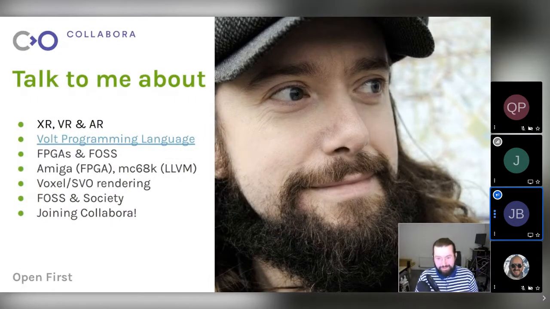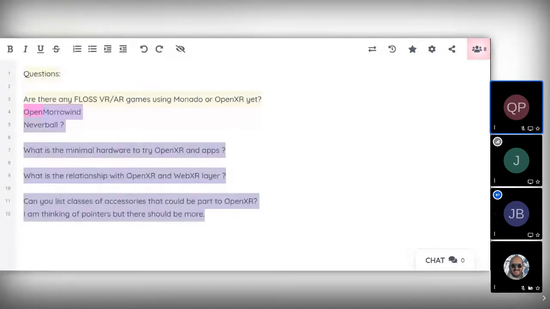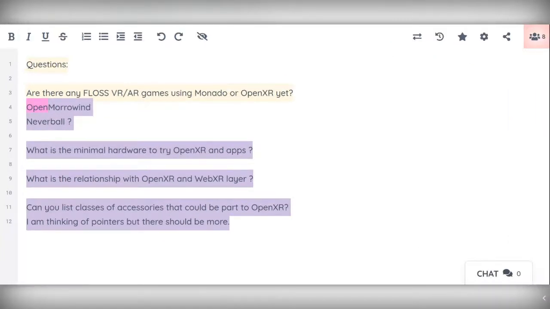We have the simulator and the dummy driver, but you can't really do much then. That's a hard question, what the minimal is. I think right now the best supported to give you a usable system would be a Vive or Index, which is not very minimal, unfortunately.